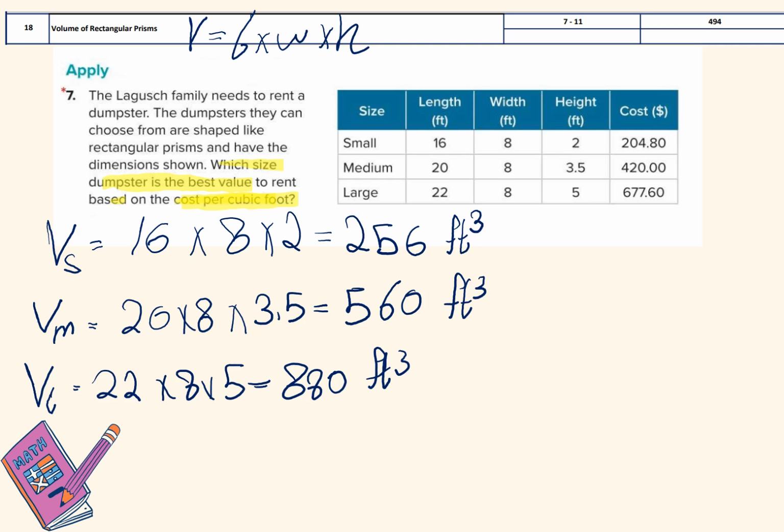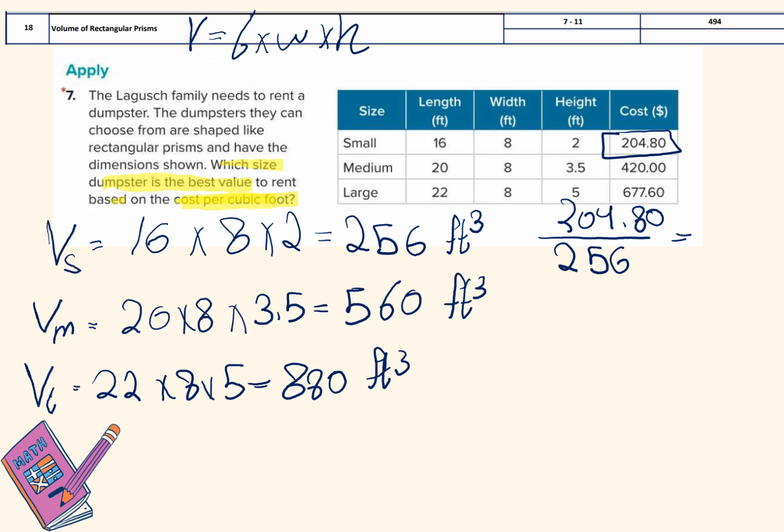Then after that, I need to find the ratio. Cost per cubic foot, that means cost per volume. So the cost of each size will be divided by its volume. So let's find out here. I will divide 204.80 by 256.